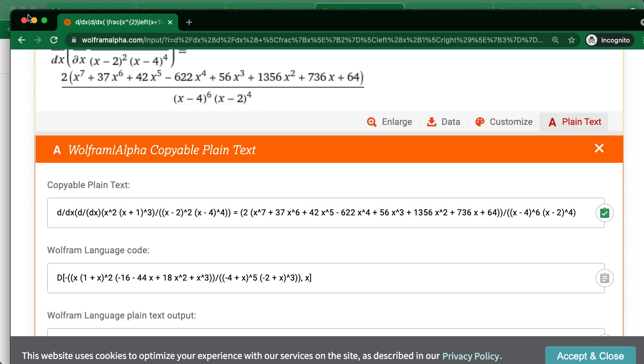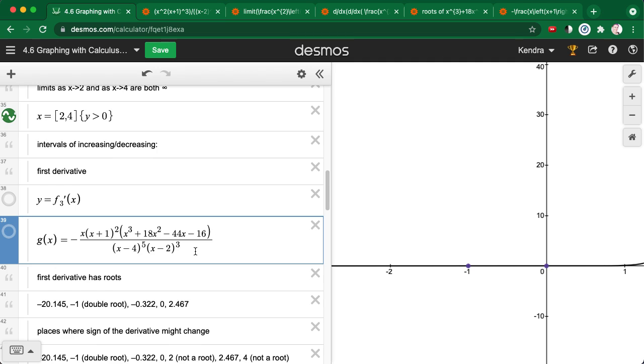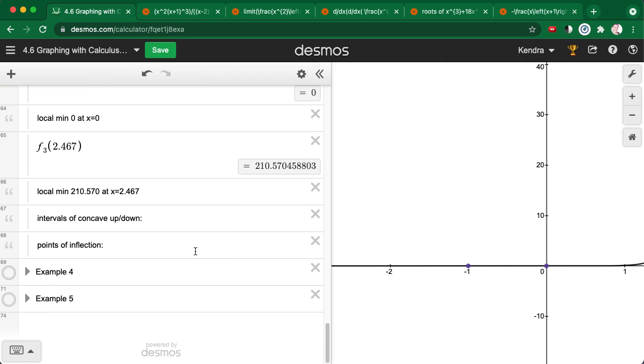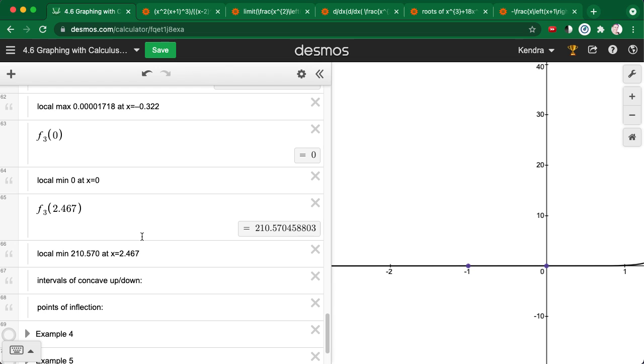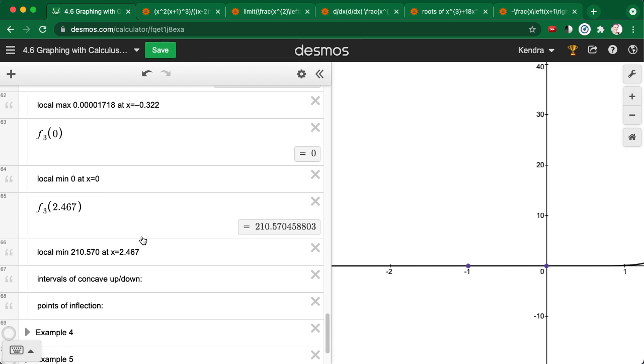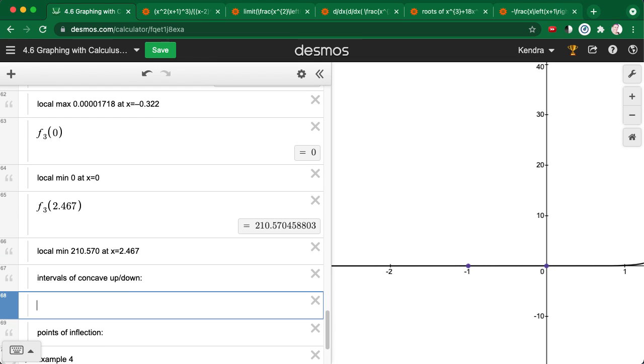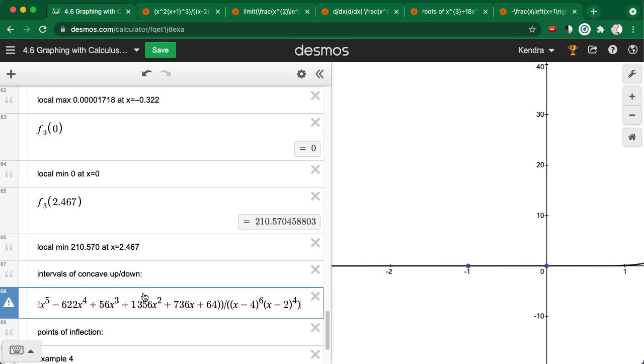Okay, so let's take that and go back to Desmos and see if we can put that in. Here we go. I'm going to put it in math mode. Wonderful. And I'm going to take all of this stuff out.